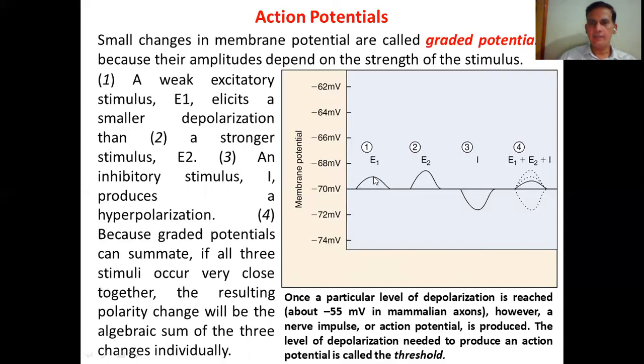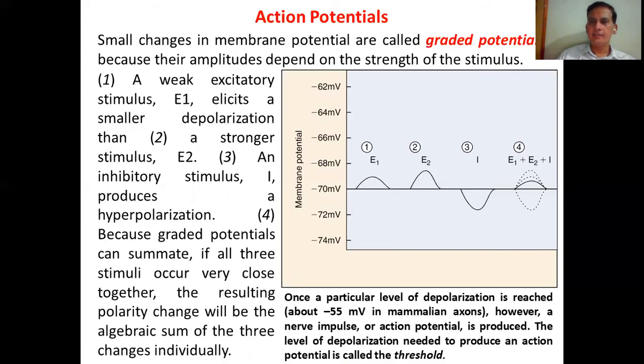Now, if there is a very weak excitatory signal E1, that could elicit a very small response. After a gap of a few milliseconds, there's another one which is a little better than the first excitatory signal. Now it could be very close that we can have an inhibitory signal, which is opposite to the excitatory.